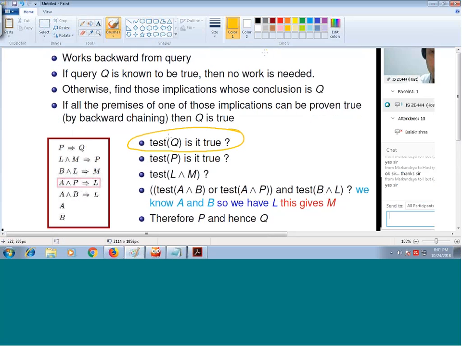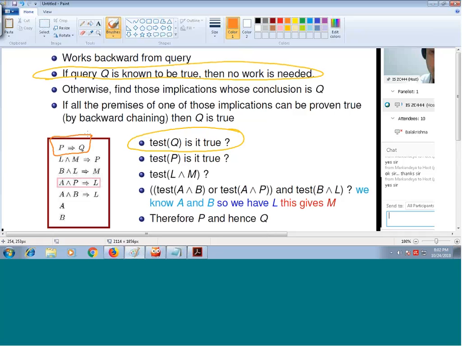This procedure says that you initially test for the query Q only, and see whether any information says that Q is by itself true. If it is given, then no work is needed. Otherwise, you see where this particular Q is included, in this particular sentence.